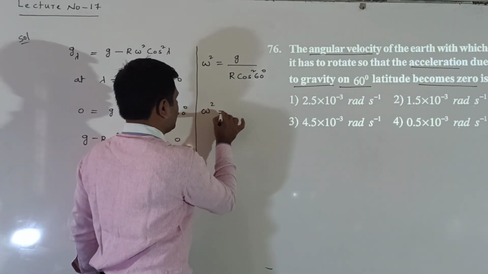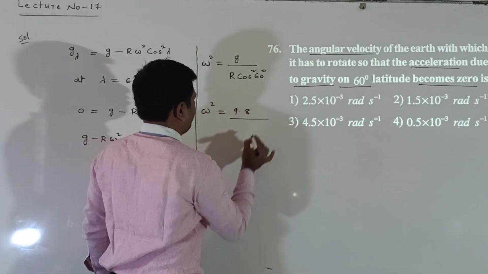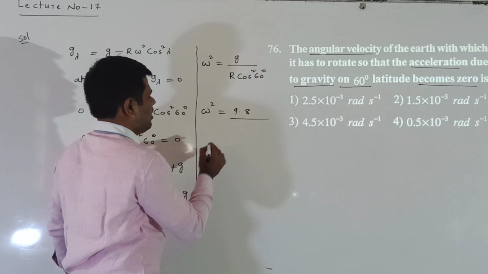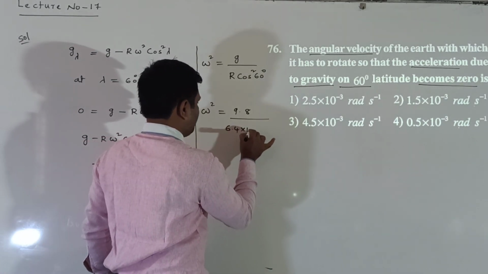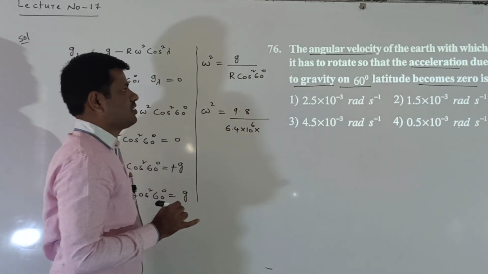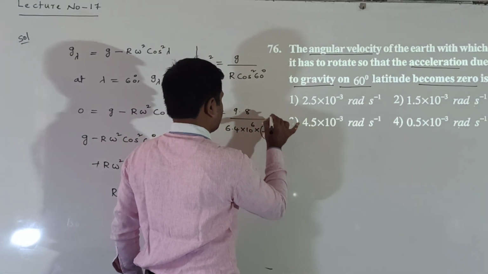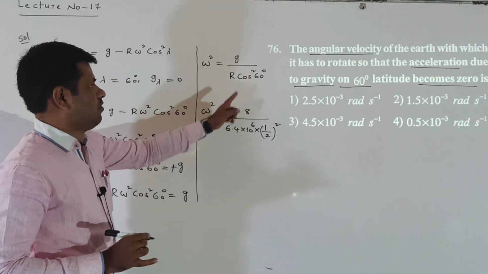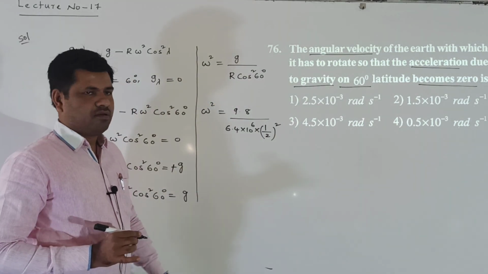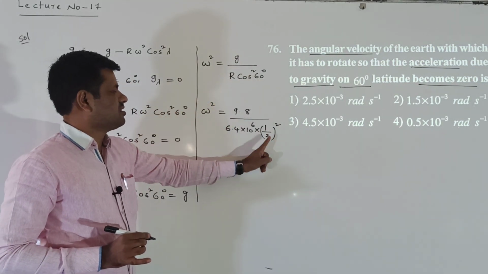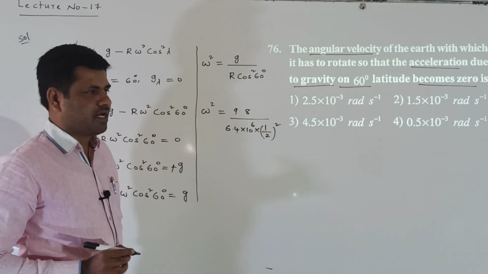Now omega square is equal to 9.8 by r value 6.4 into 10 power of 6, into cos square 60, which means 1 by 2 whole square.